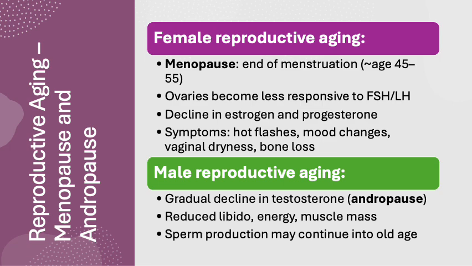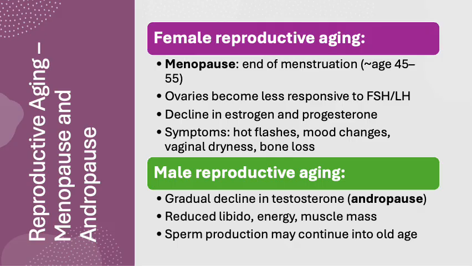As individuals age, the reproductive system undergoes significant changes. In females, menopause marks the end of reproductive capacity, usually occurring between the ages of 45 and 55. Ovarian follicles are depleted and the ovaries stop responding effectively to FSH and LH, leading to decreased estrogen and progesterone.